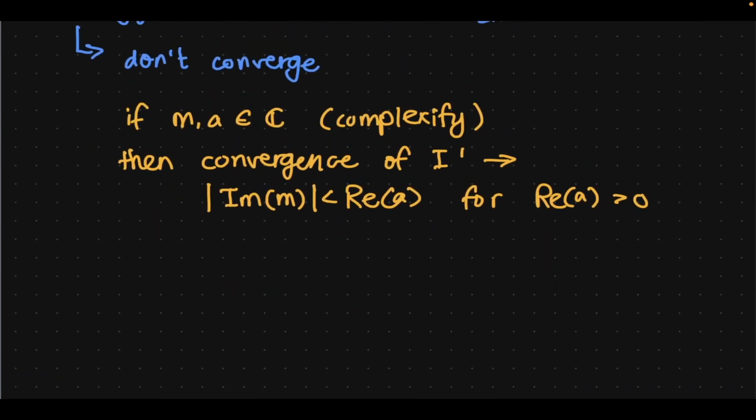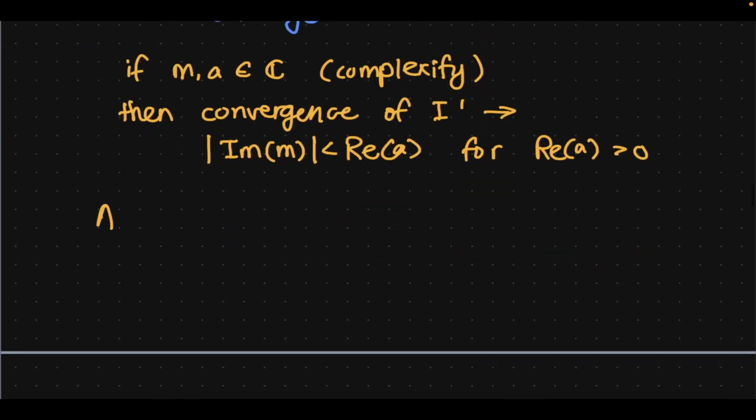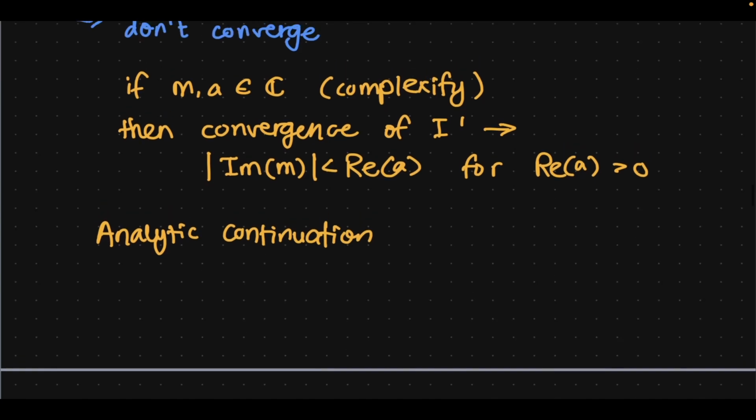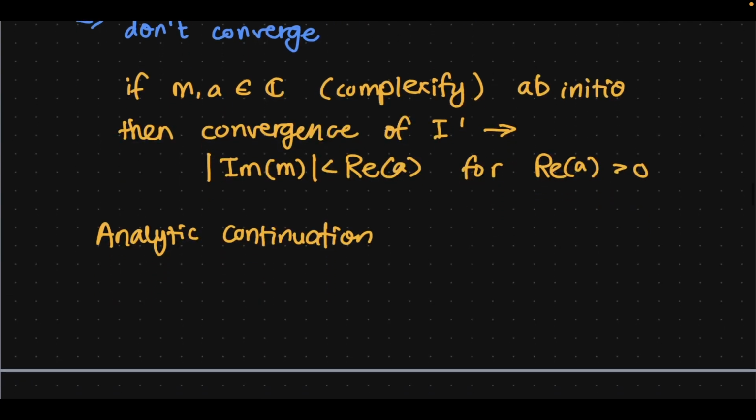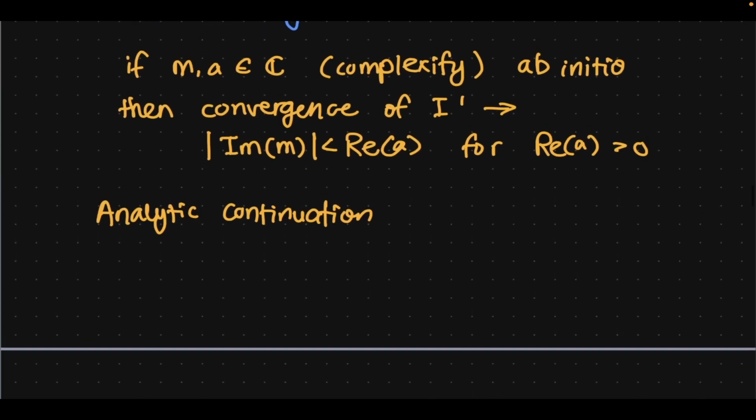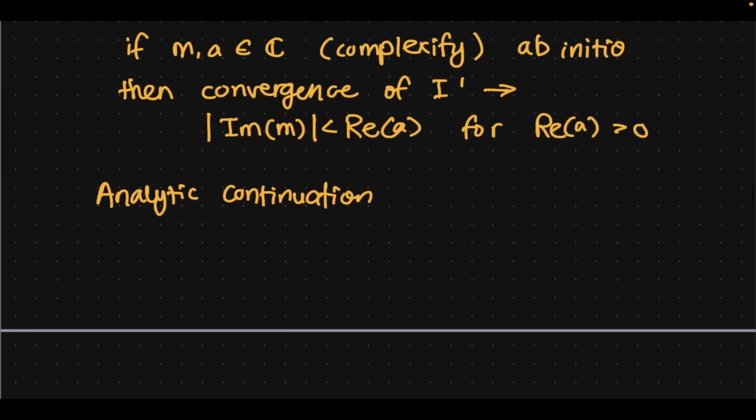But we can always say that when we've taken this limit, it's analytic continuation. So we can always plead analytic continuation. This makes sense because we're already working with complex variables from the start, and then we're extending the domain by taking the limit.